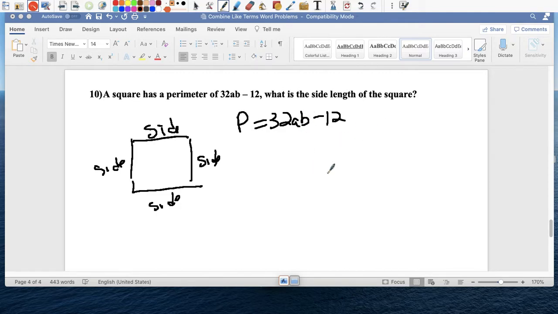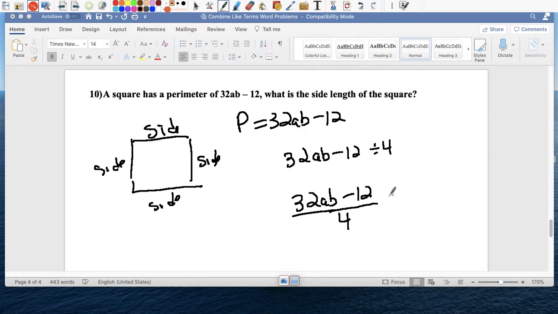Because all sides are the same, I can divide this by 4. So I can go 32ab minus 12, divided by 4, which you can rewrite as each term divided by 4.